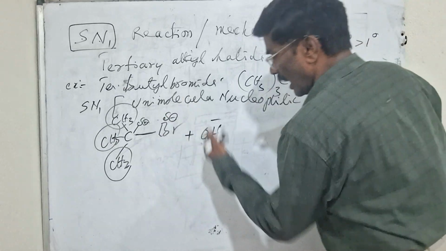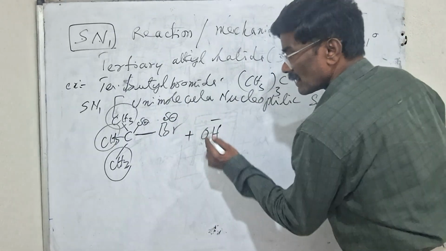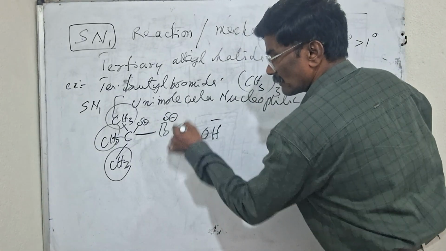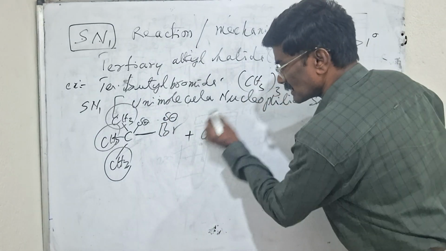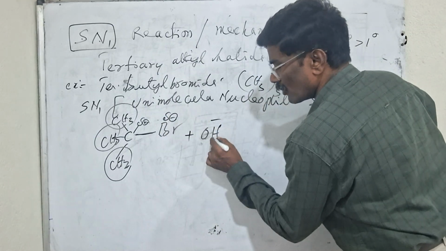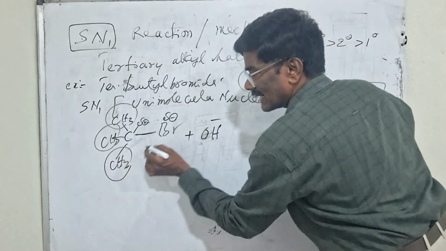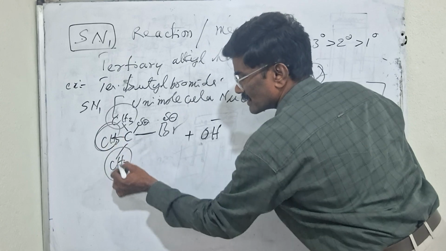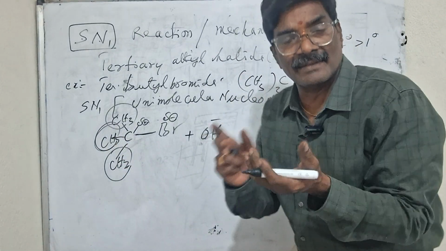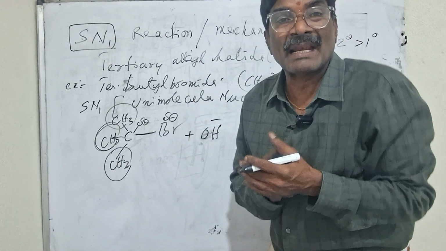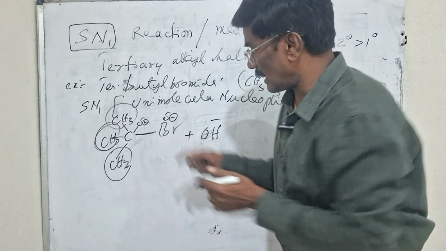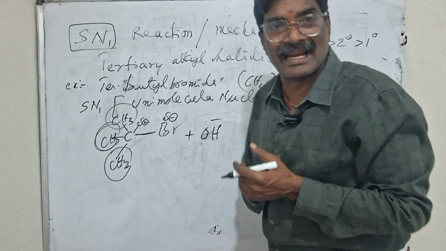Now, when OH comes and wants to substitute bromine, since both are negatively charged, the OH group cannot go from this side. It cannot go from the back side also, because these bulky groups exert repulsion, which is called steric hindrance.